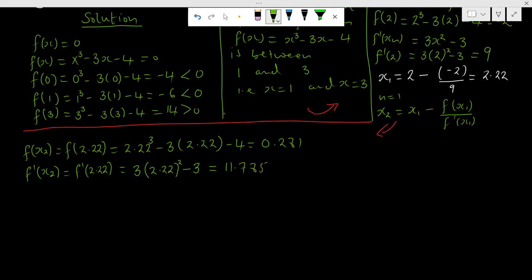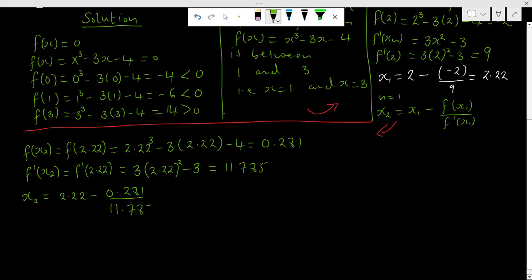So when we substitute into the formula, our x2 will be equal to 2.22 minus our f at 2.22, which is 0.281, over 11.785.